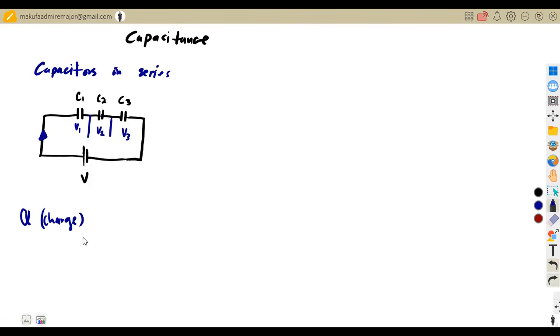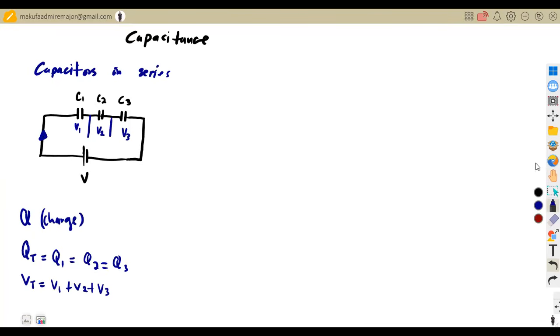So the total charge is equal to the charge at capacitor 2, which is the same charge at capacitor 3, depending on the number of capacitors that you are given. The total voltage is going to be the sum of V1 plus V2 plus V3. You combine the voltages together.